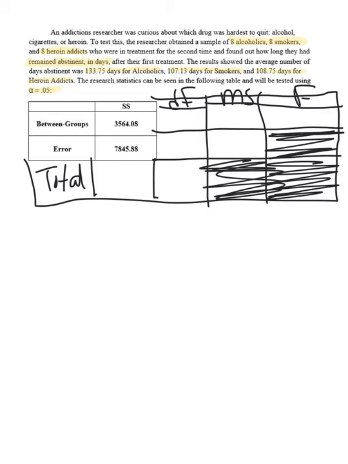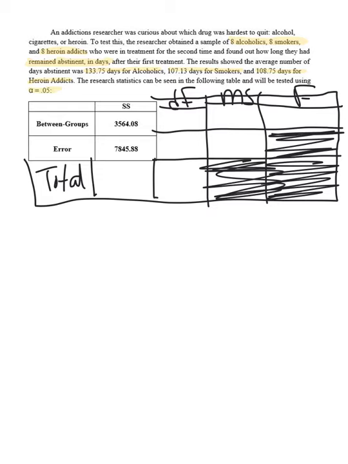But first and foremost, let's start with step 1. We want to state our hypothesis. Basically, we need to indicate, what is our dependent variable? That's the days abstinent. And what is our independent variable? It's the type of addiction.